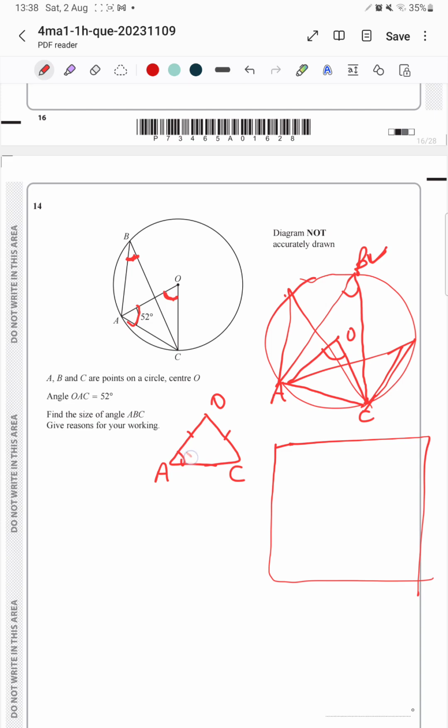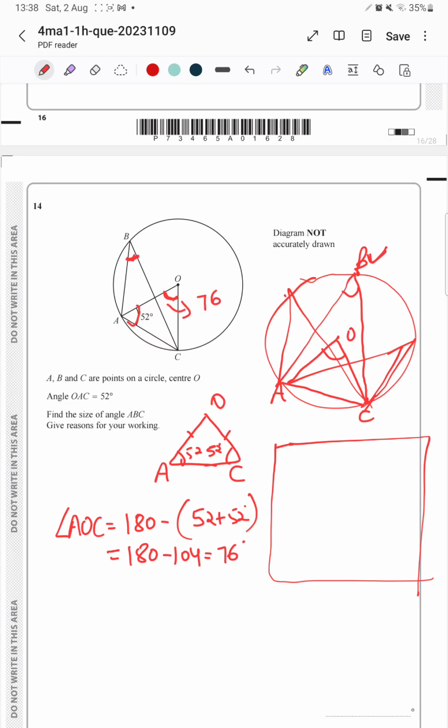So if this angle is 52, this angle is also going to be 52. So angle AOC will be equal to 180 take away 52 plus 52, that is 180 take away 104, and that gives me 76 degrees. So this angle is going to be 76.